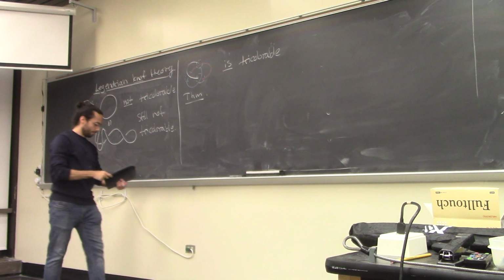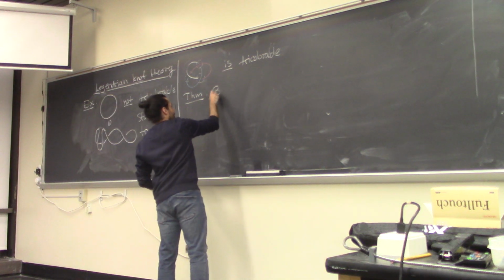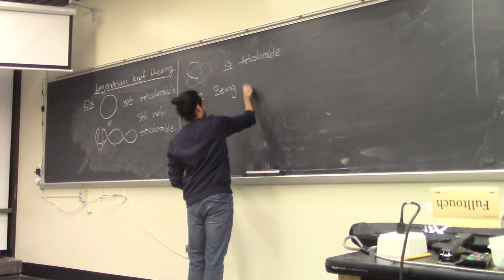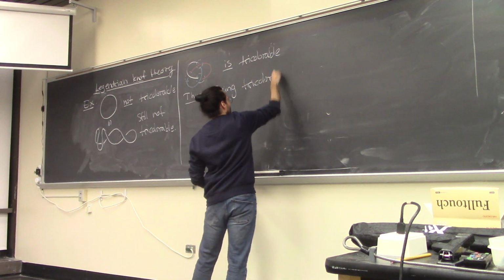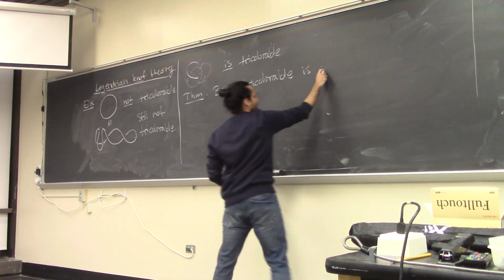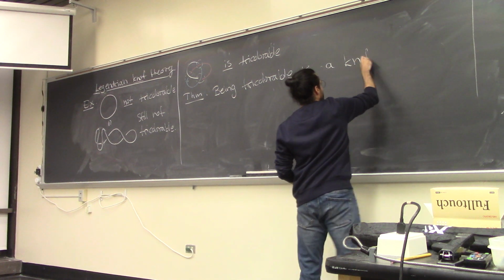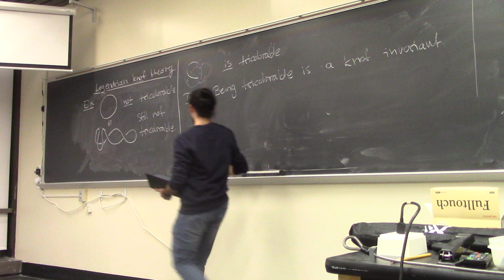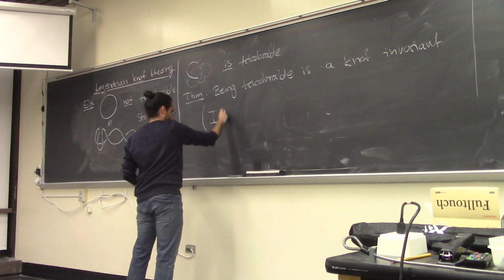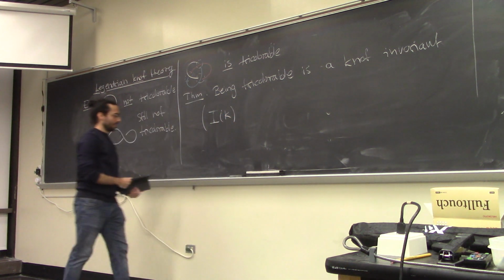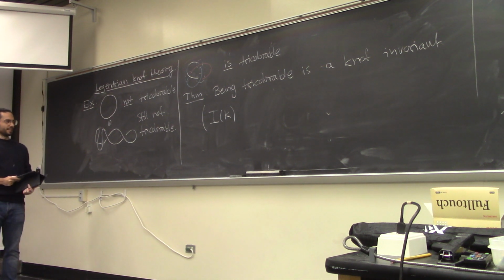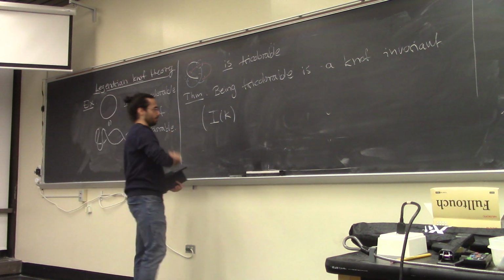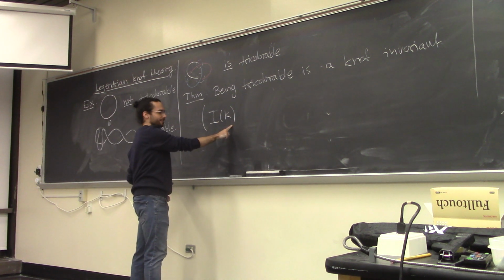So anyway, theorem: being tricolorable is an invariant. I should be a little bit formal. My invariant is, I have a knot, and if I can find a diagram that's tricolorable, then I associate some number.